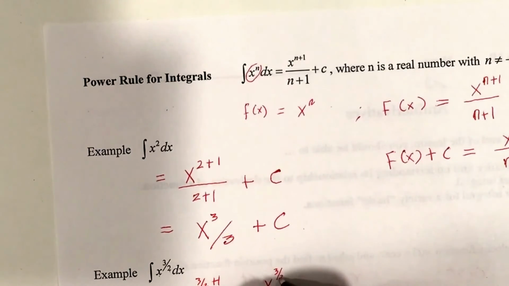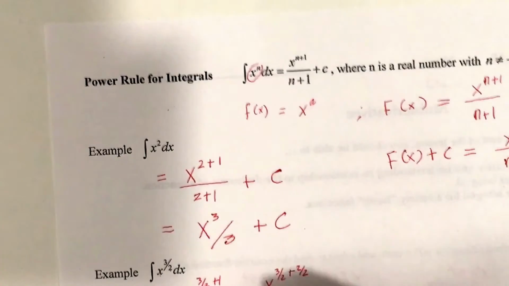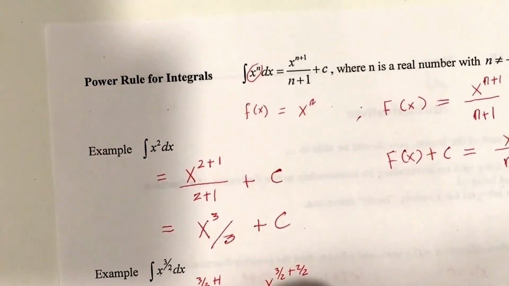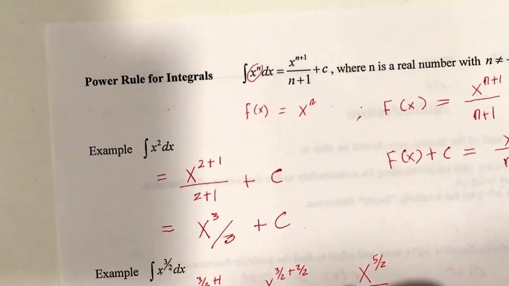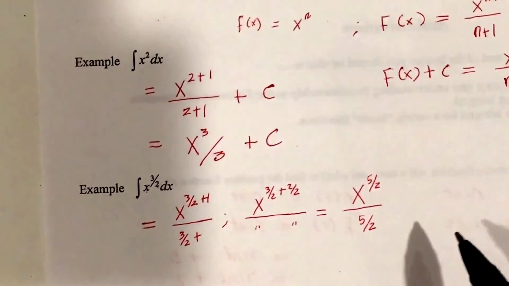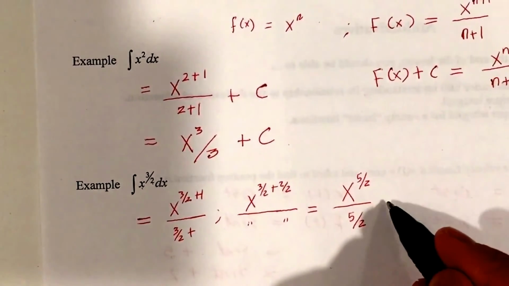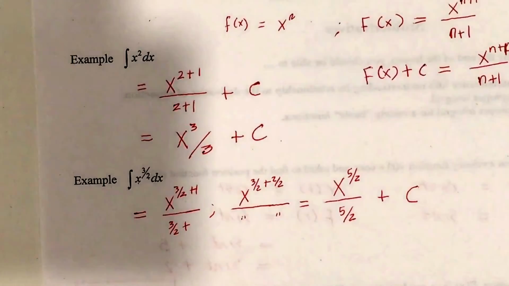If you add 1 to the power, you need to make sure that they have the same denominator, so 1 can be turned into 2 over 2. That becomes x to the 5 over 2, and then you divide by the same power, whatever you came up with for the numerator, and then you add a c afterward for the general antiderivative.